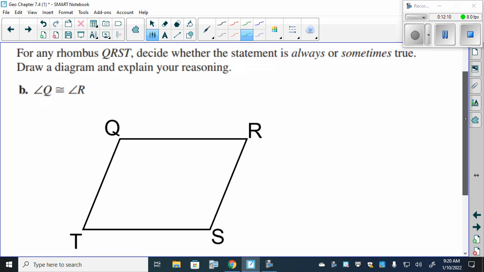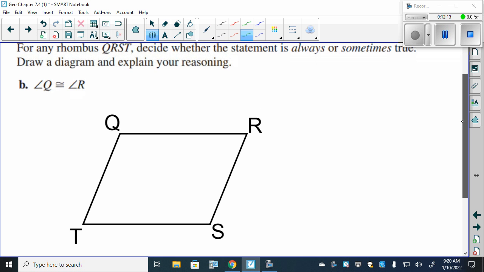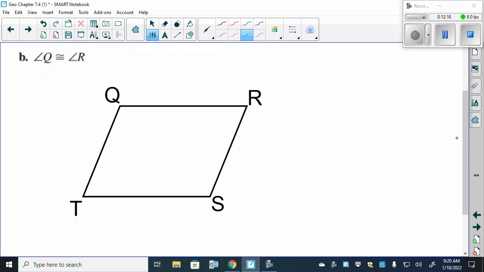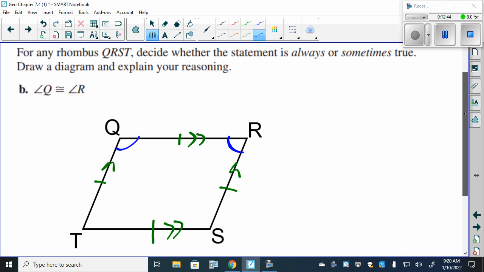Okay, for any rhombus QRST, decide whether the statement is always or sometimes true. So we look at this here, we still have a rhombus. So the same information that we had on the last figure still holds true. But this time they're asking something different. They're asking if angle Q and angle R are congruent. Unfortunately, they didn't give us nevers, but it's always or sometimes. What do we think?